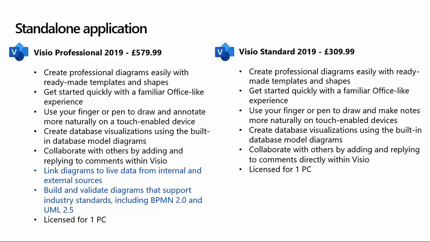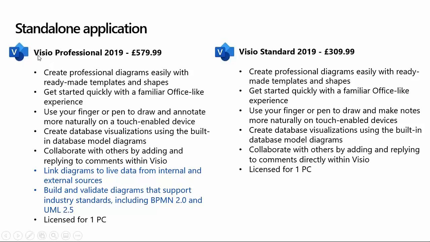An example of live data might be an office floor plan linked with personnel data, such as an org chart or a seating plan. You could look at the floor plan of the office, and it will tell you where people are seated in relation to the office spacings. To keep it simple, if you're working to specific industry standards, then the Professional application is more relevant to you. If you want to work with data, the Professional application is more relevant. But if you just want an extensive selection of functionality, the Standard edition will work absolutely fine for you.